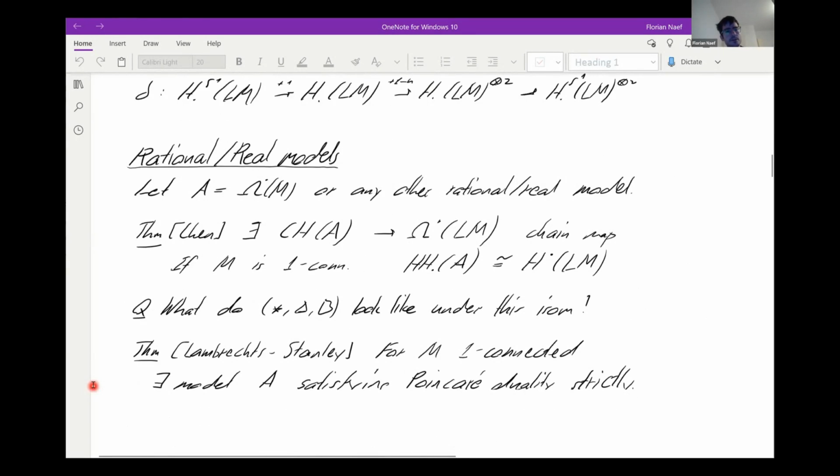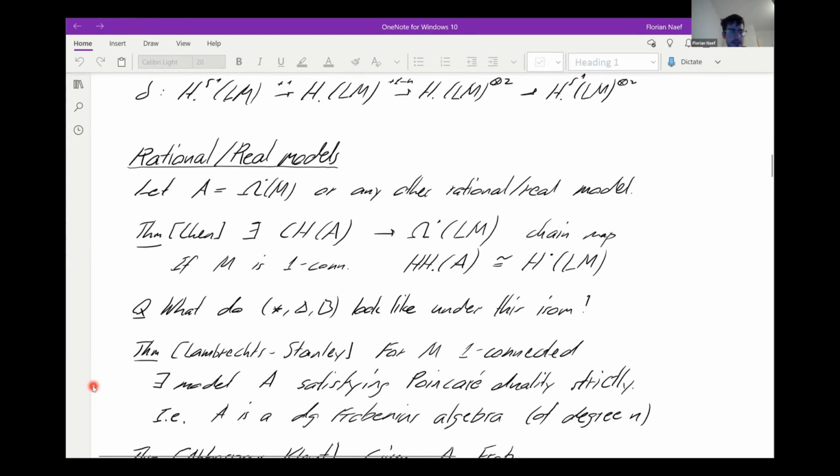And here, as a model, I want to have a model in the sense of rational homotopy theory. So for that, let's recall the following. If you take the algebra of, let's say, differential forms, or any other rational model of your manifold, then one can identify loop space homology with Hochschild homology.